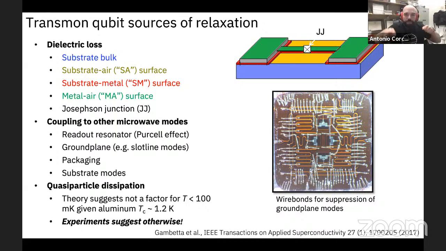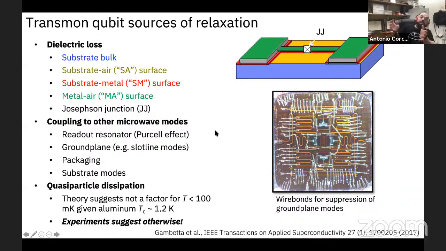You can imagine a drum vibrating. If you press it, you stop the vibration. We can do that by adding these wire bonds here that make these surfaces equipotential, essentially. This is an example of something we did maybe 6 or 7 years ago. This is a very preliminary example of this. We do cleaner solutions these days.